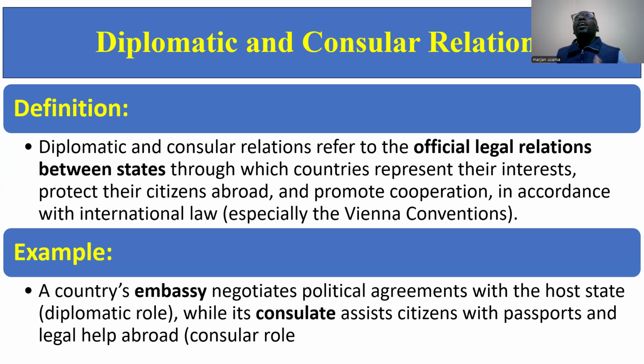This is the consular role. So you have the diplomatic role and you have the consular role. For example, if you go to country B and lose your passport, you can be given an emergency travel document through your consulate in that country or through your embassy.